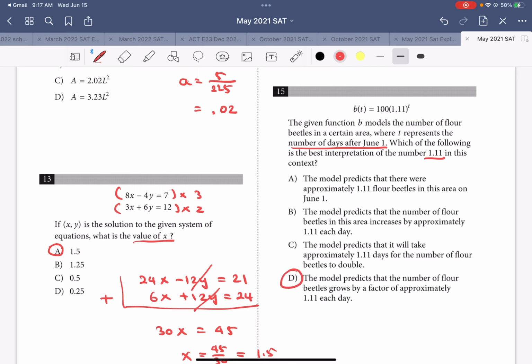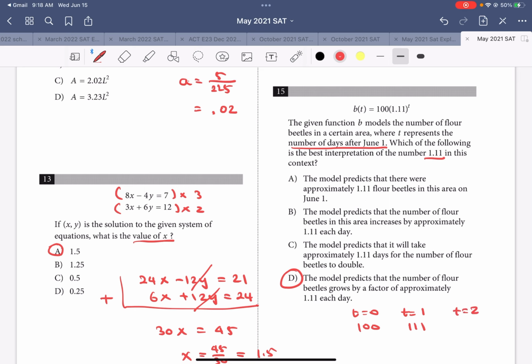so it will grow. The model predicts the number of flower beetles grows by a factor of approximately 1.11 each day, right? For example, when t equals 0, that means on the day June 1st, which is 100. Now when t equals 1, 1.11 times 100 is 111. So that means you multiply by 1.11 each day.